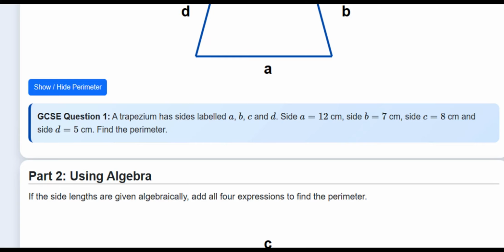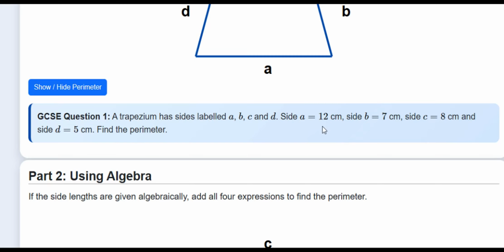So to find the perimeter, I can just say perimeter P is given by side A plus side B plus side C plus side D, like that. But I already know A, B, C, and D, so let us confirm their values.